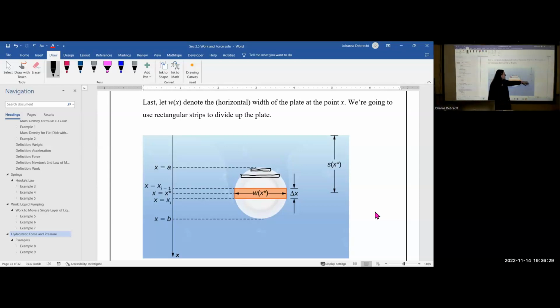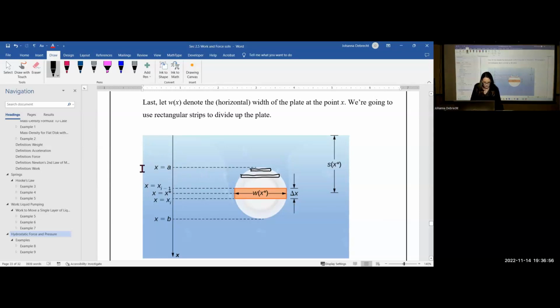So I also take the depth at that particular value, x sub i star. So for each one of these, I'm going to have an x sub i star, and that's going to be the depth. And then I'm going to compute the area by taking the width at that particular point of the plate. How wide is the plate? And then I'm going to multiply by delta x.